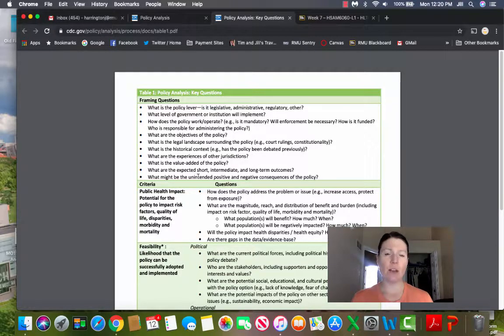Probably the last one I want to focus on here is the unintended positive and negative consequences of the policy. So sometimes we have a policy that has great intent. Maybe it's to streamline operations, provide better care to patients, provide better access. But sometimes things have negative consequences that were not intended. A good example comes from our synchronous session the other day, where one of the students in the class is looking at medical marijuana.